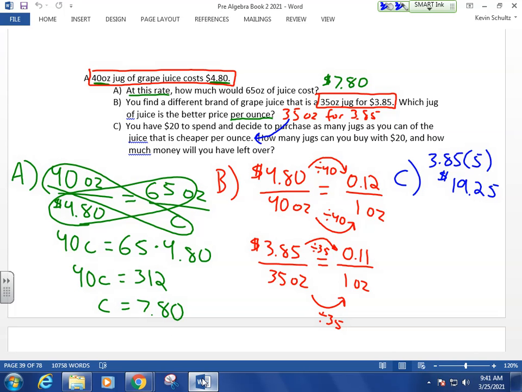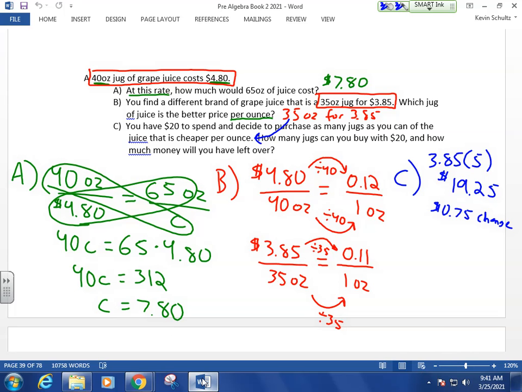Because 20 minus 19.25 is 75 cents change. Anybody have a different method? This is kind of a logical guessing and checking, which is fine, right? We knew it couldn't be something like 2. We knew it couldn't be something like 10. So let's kind of work our way down.